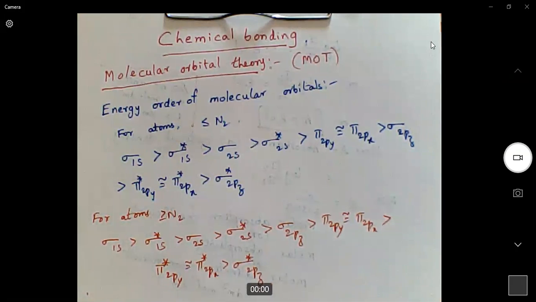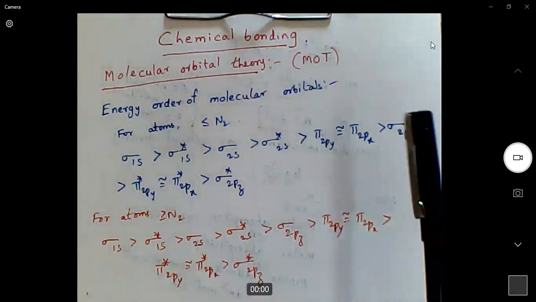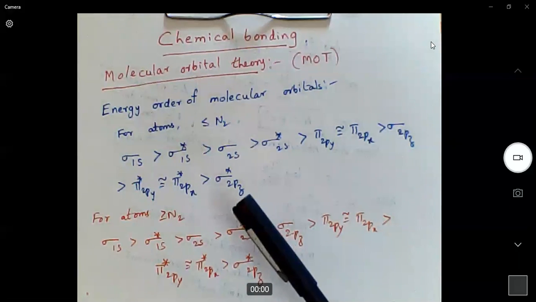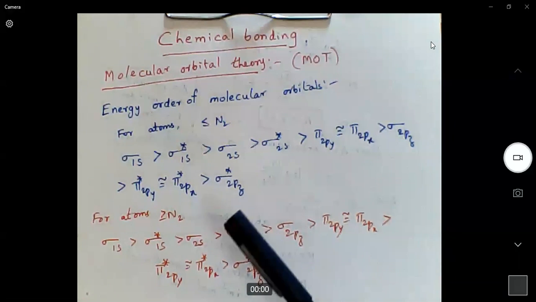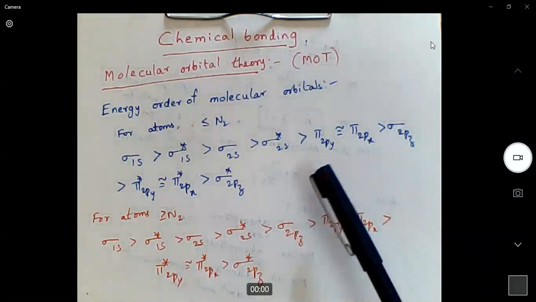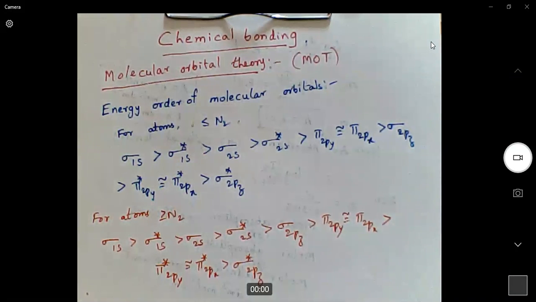So for atoms nitrogen, oxygen, we need to use this energy order to fill the electrons, whereas for atoms hydrogen, helium, lithium, beryllium, boron, carbon, and nitrogen, we use the earlier energy order to fill the electrons.